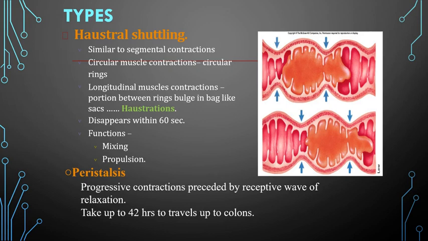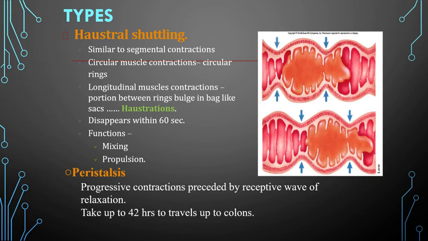The functions of these haustrations or haustral shuttling type of movement are mixing of food and propulsion of food towards the colon. Next is the peristaltic type of movement. These are progressive contractions preceded by a receptive wave of relaxation.